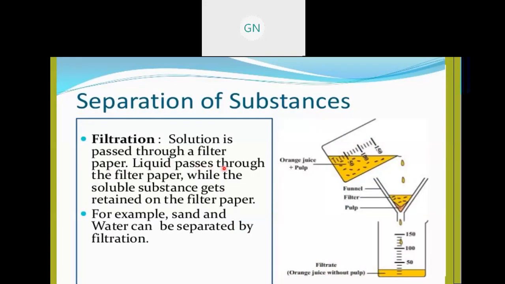So the liquid passes through the filter paper while the insoluble substance is retained on it. For example, sand and water can be separated by filtration. Mix the sand and water, and use a filter paper to filter the mixture. You will get the solution, and the sand will remain on the filter paper. This is the filtration process.